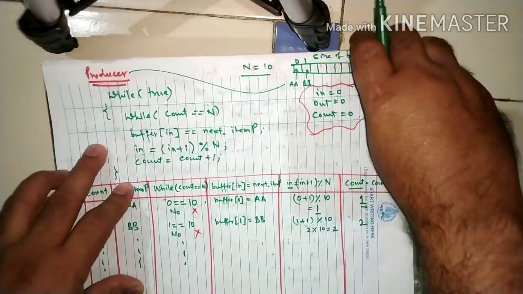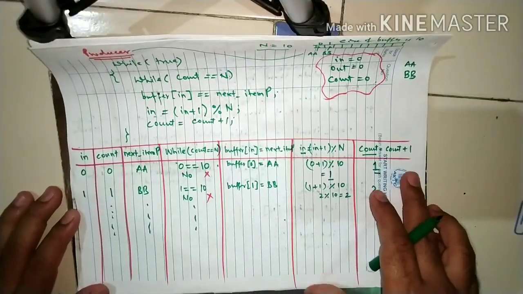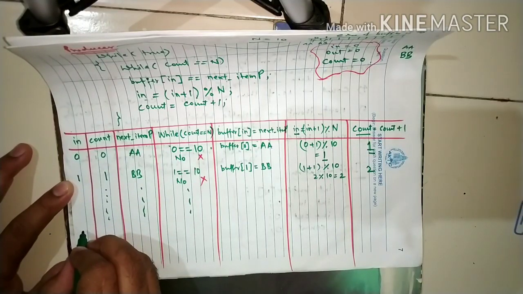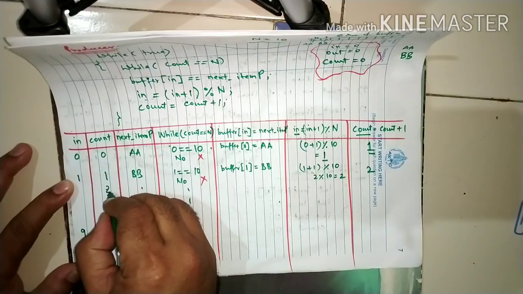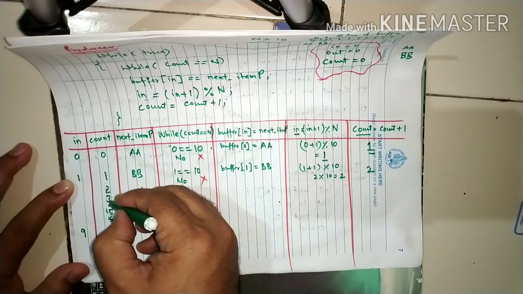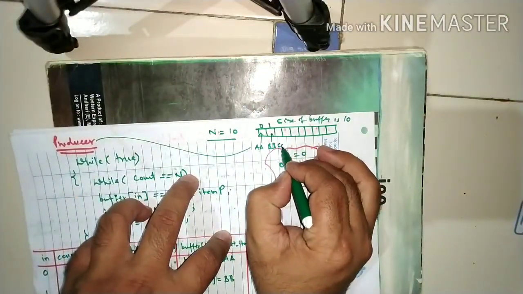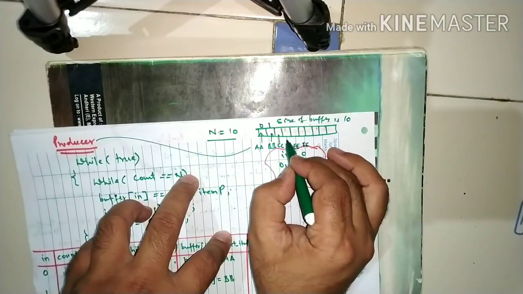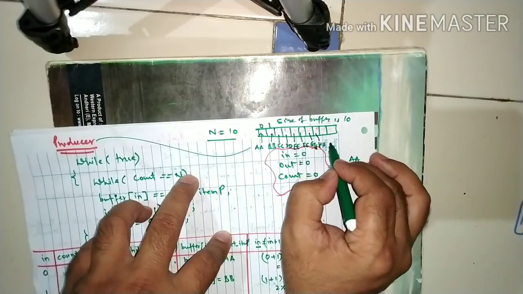Now just think about the situation where in and count are both 9. Suppose 0 1 2 3 4 5 6 7 8, so 9 boxes are filled, for example CC, DD, EE, FF, GG, HH, II.